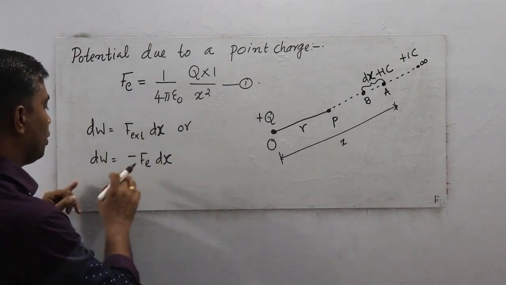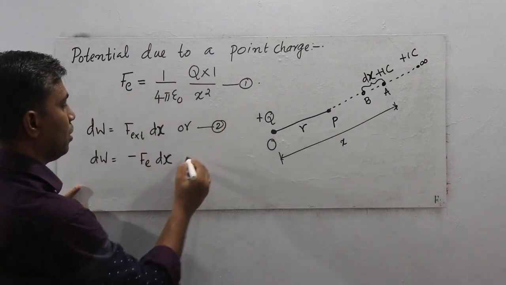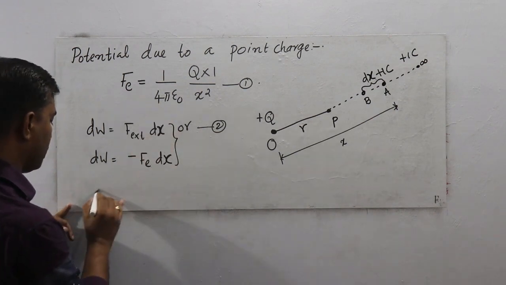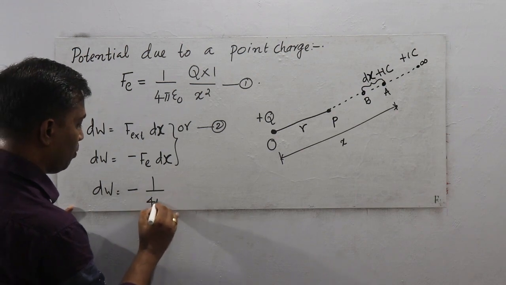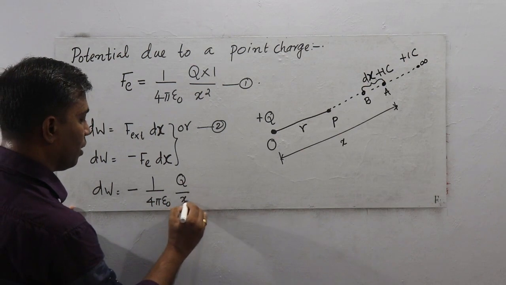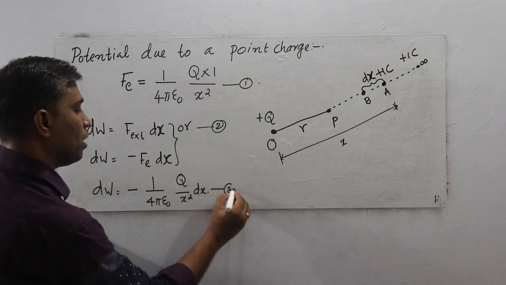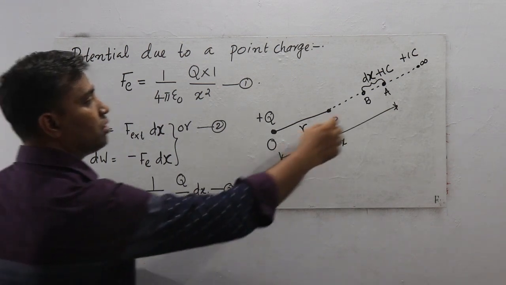Okay, so we know the value of Fe, so just substitute this, equation number 2. We get dW = -1/4πε0 Q/x² dx. So this is the small work done by the external force if the charge is moved from A to B.